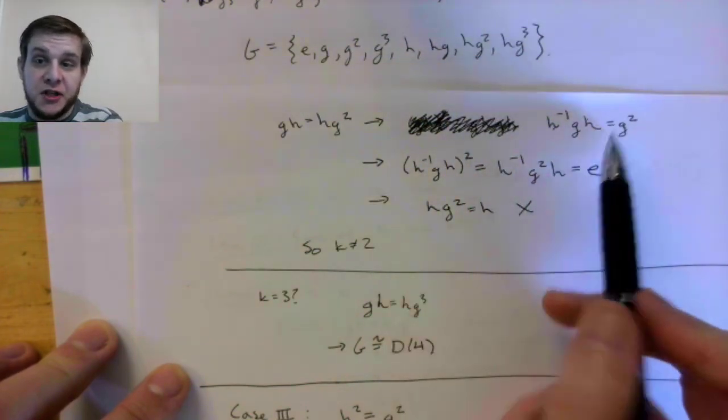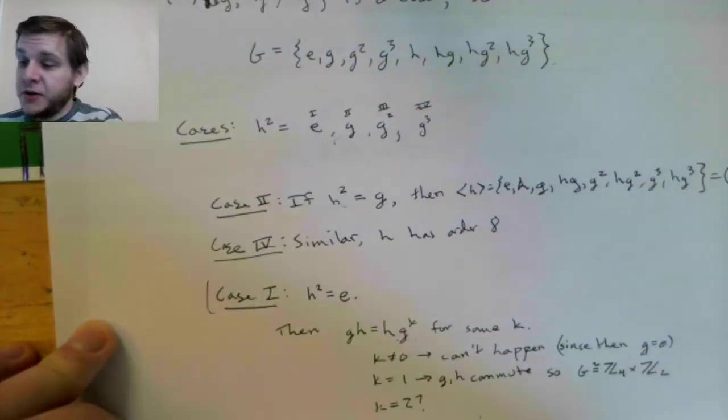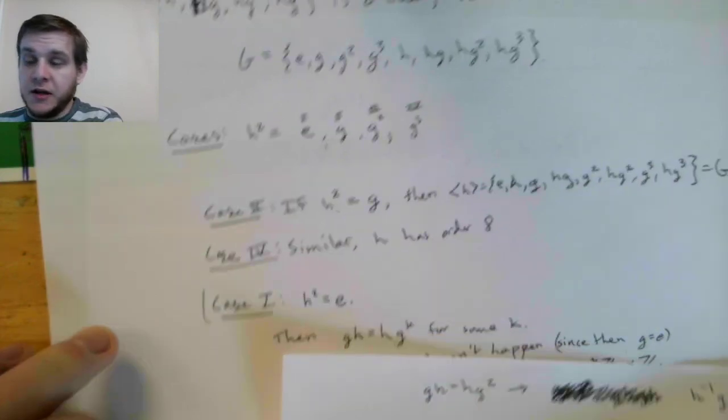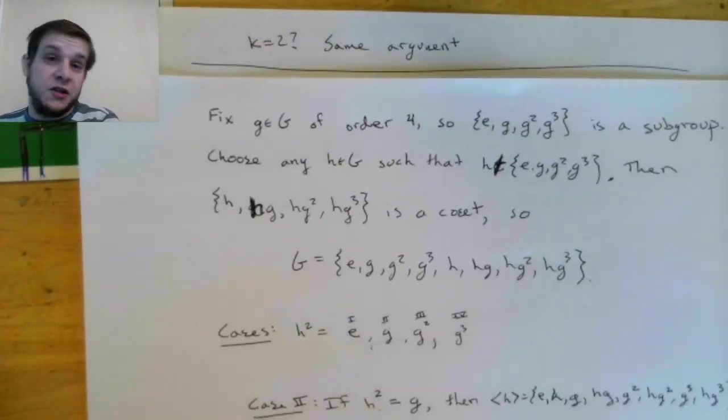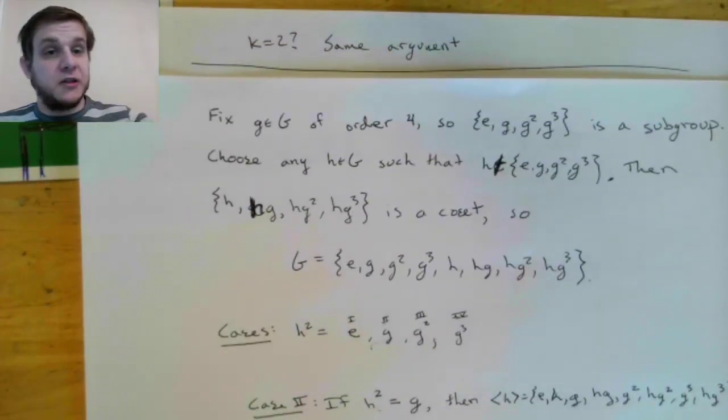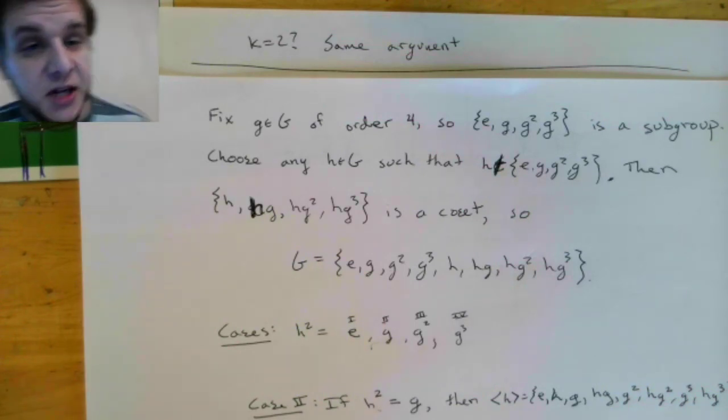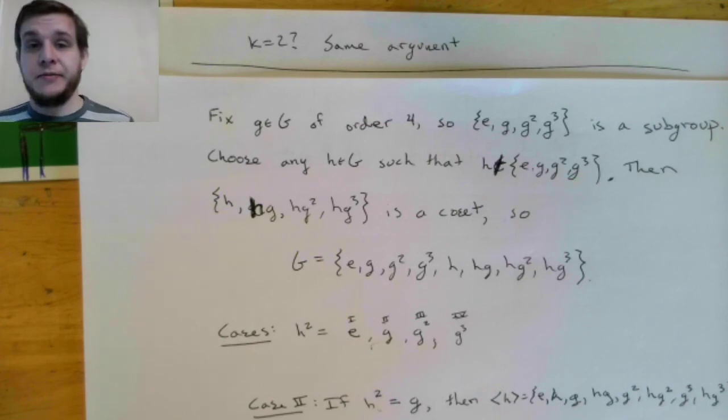G and G squared have different orders, but if K equals 2 in this equation, then you're going to get a contradiction. You can look back at the lecture just a few minutes ago and see that it's the same argument.